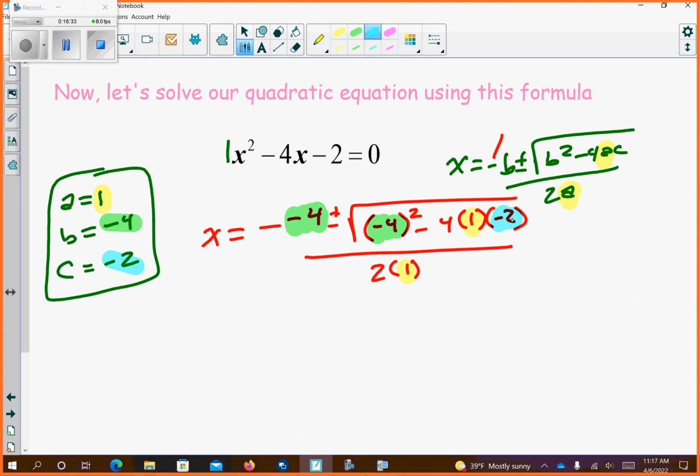Okay? We can prove this equation by using something called completing the square to get there. Completing the square, all that is, you remember when we were graphing parabolas and there was something called vertex form? And we found that vertex form became our best friend because when you had it in vertex form, it gave you the vertex, and once you knew the vertex, you just could pattern graph off of that.